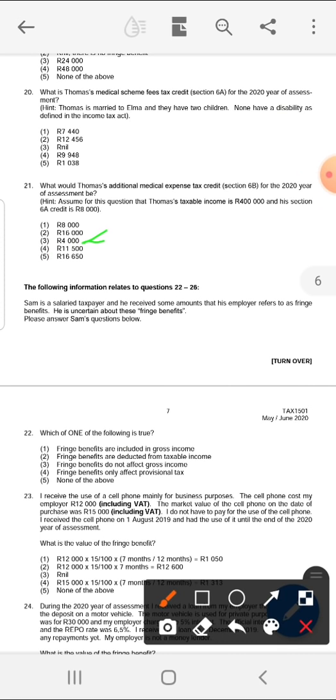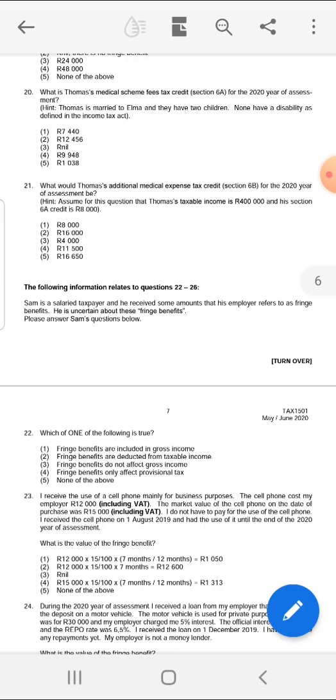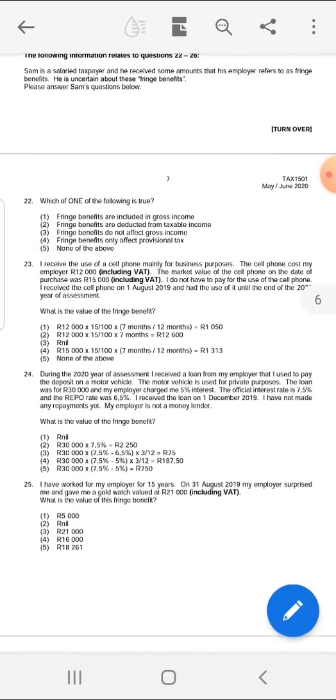And then we're moving on to questions 22 to 26. Sam is a salaried taxpayer and he receives some amount that his employer refers to as fringe benefit. He is uncertain about this fringe benefit. Please answer some questions below. Which one of the following is true? Fringe benefits are included in gross income.